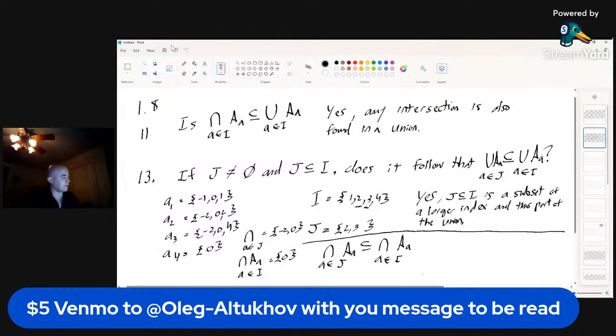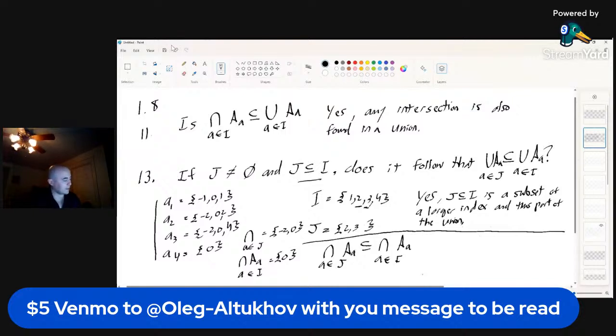So even though J is a subset of I, and both are indices, and I listed our indices right here. So this is the index of I, and J is a subset of it, J only containing 2 and 3.